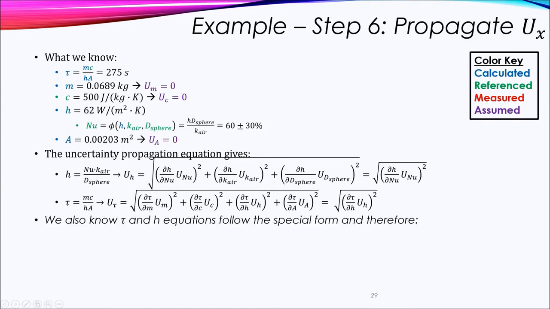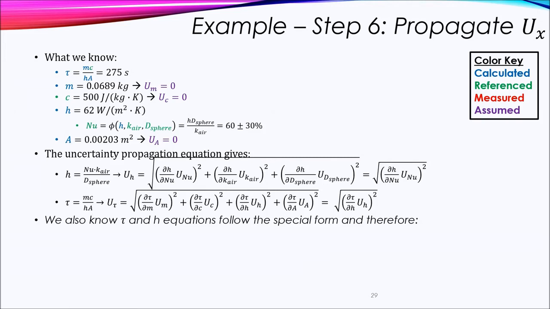Now you may notice that each of these equations given here follows that special form that I mentioned before, where we can say the Nusselt number, k air, m, and c are to the power of 1, while D sphere, h, and A are to the power of -1 if you took them all as products.